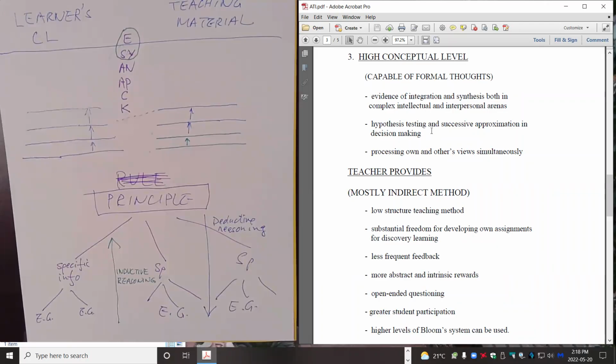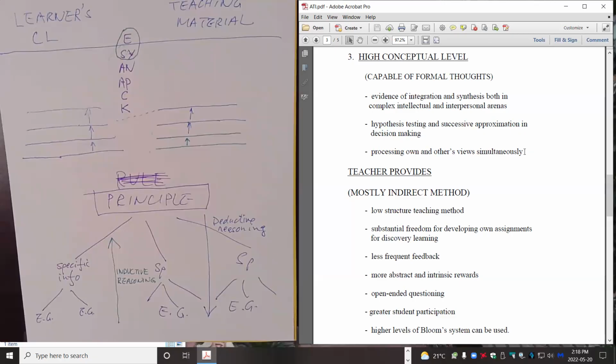And remember here, formal thought: hypothesis testing and successive approximation in decision making. They're capable of doing this because they're capable of forming hypotheses. Therefore, they are also beginning to be able to do successive approximation, one step at a time, right? Capable of processing own and others' views simultaneously. So that is important, multitasking, right?